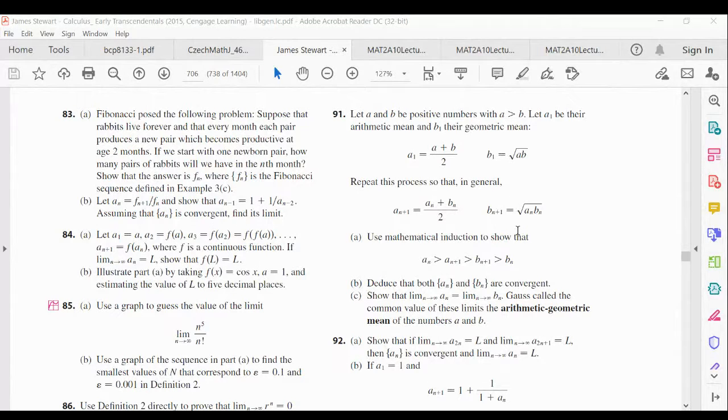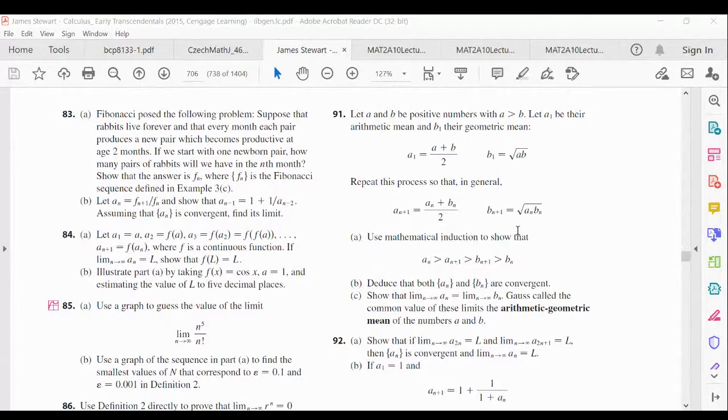And that every month, each pair produces a new pair, which becomes productive at age 2 months. So each pair produces a new pair.